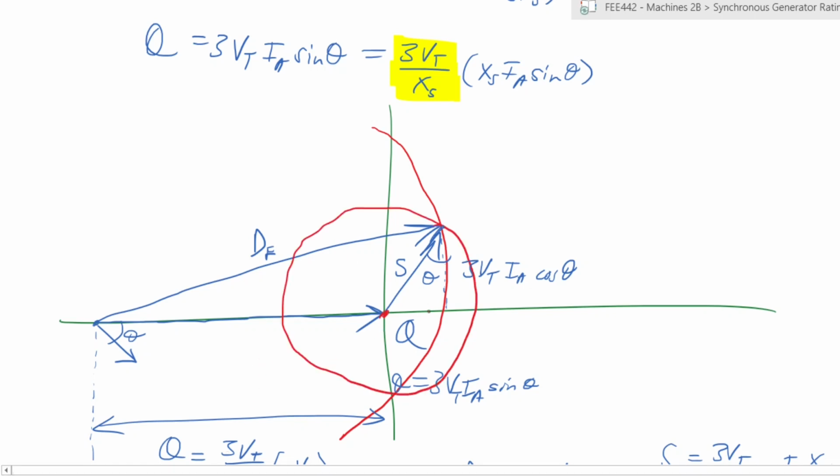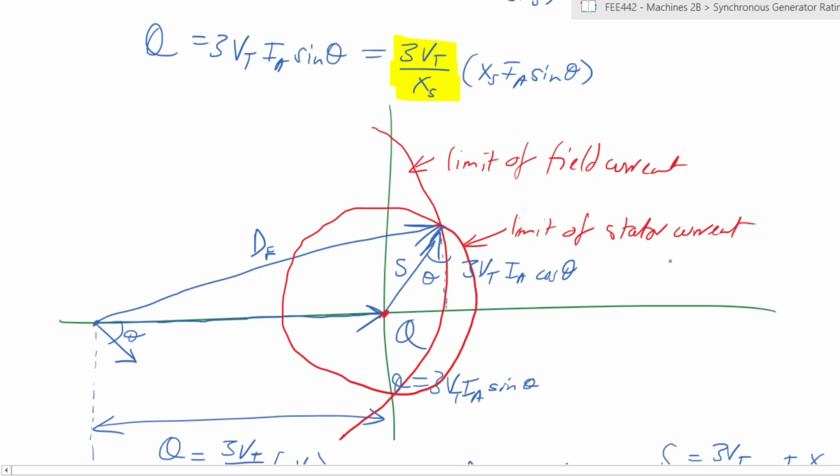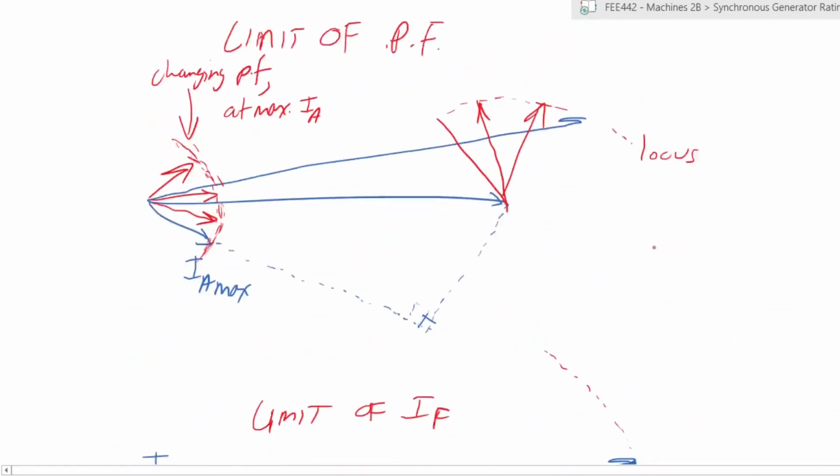That's not a very accurate circle, but those are some of the limits that we would have. So what you would notice is this locus represents the limit of field current, which we had previously indicated. And this locus represents the limit of stator current. So those are the two main limitations which we have already discussed here.